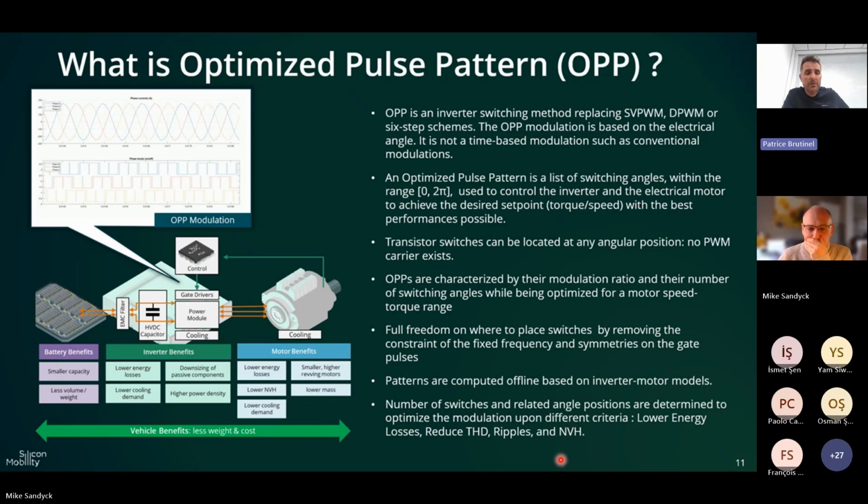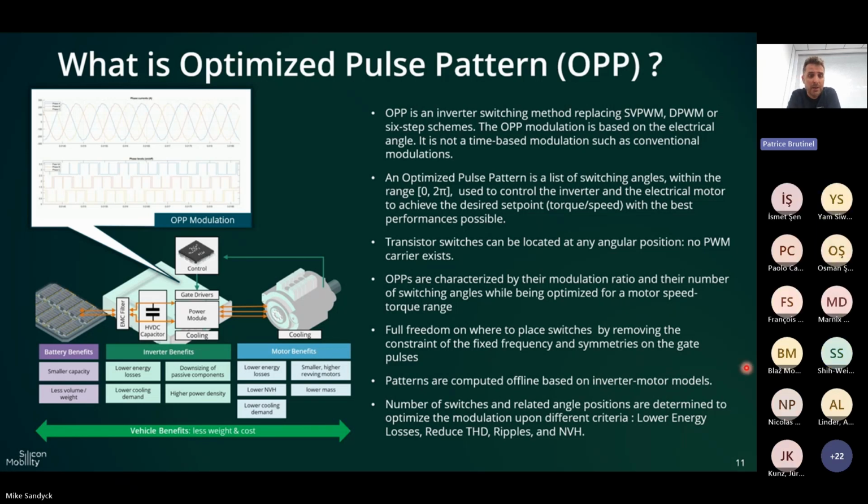So with the OPP, we demonstrate the ability to reduce at the same time the losses at the inverter and the motor. By bringing a more efficient system, OEMs can get a lot of benefits in terms of power dissipation.